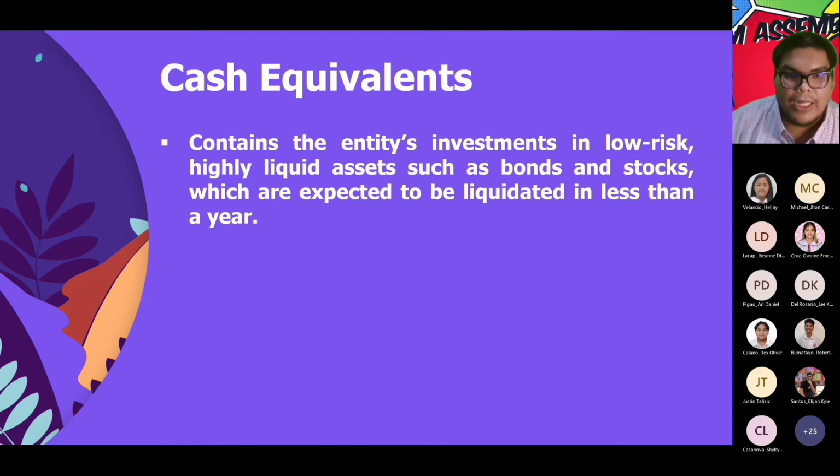The keyword is low risk: low risk, highly liquid assets, such as bonds and stocks, which are expected to be liquidated in less than a year. As long as you can get your cash equivalents within a year, that is a current asset.